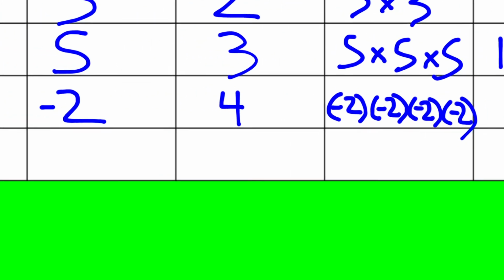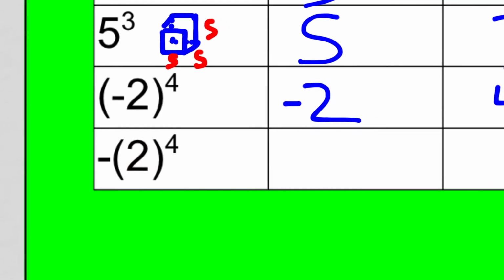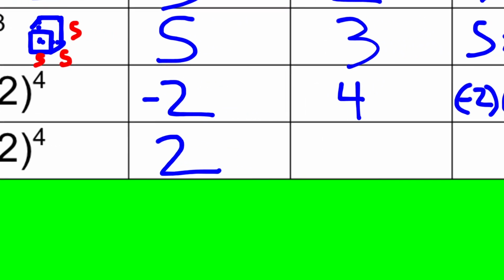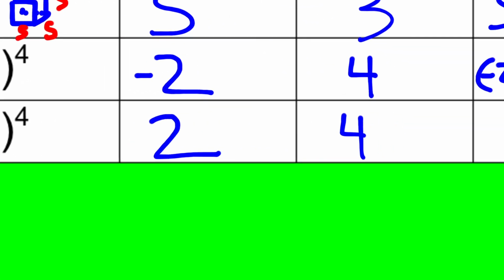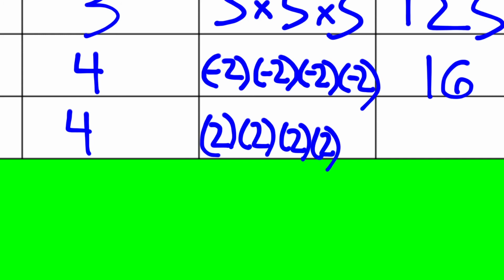Last question. It looks similar, but look at this. This time, the negative sign is on the outside of the parentheses. The exponent 4 only applies to the base inside the parentheses. So the base here is not going to be negative 2, it's just going to be 2. The exponent is still 4, but this time, since the exponent 4 only applies to the number in the parentheses, this will be 2 times 2 times 2 times 2.